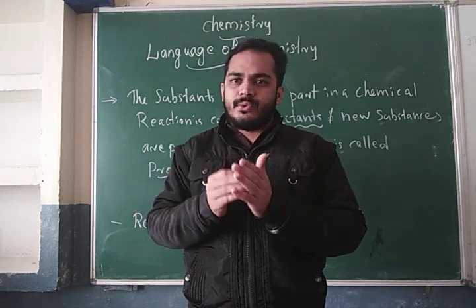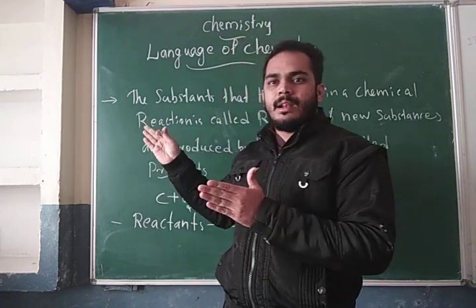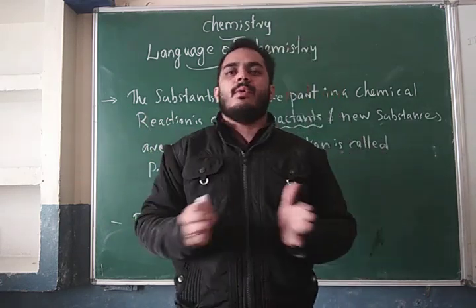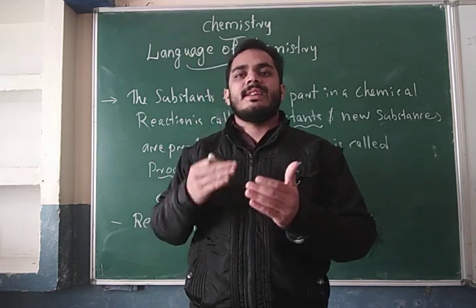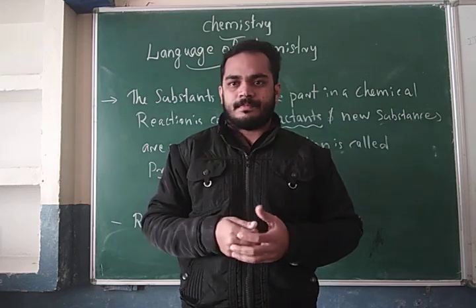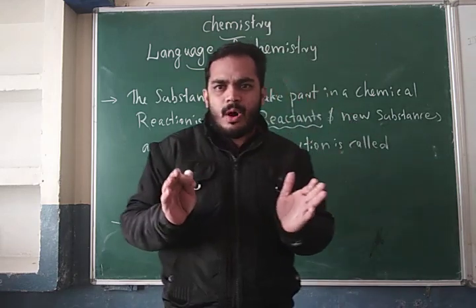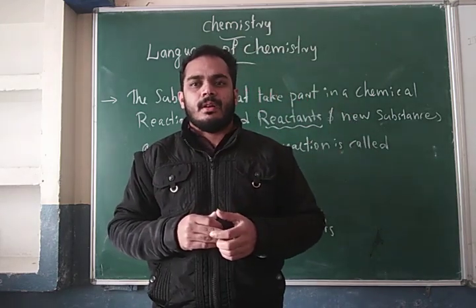That's why we use words like symbol, element, equation, compound, reaction, to easily convey the message to each other. I hope all of you understood the language of chemistry. Thank you.